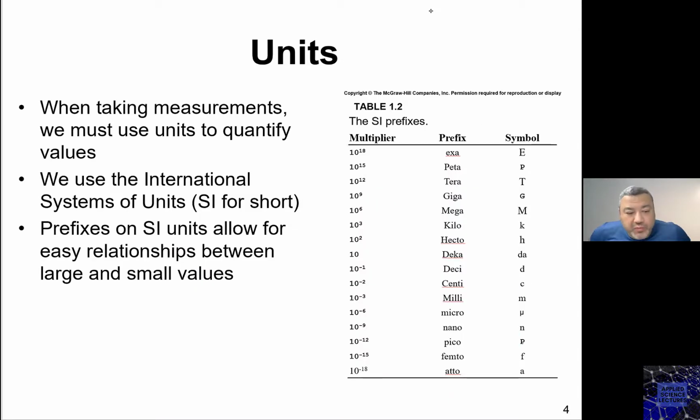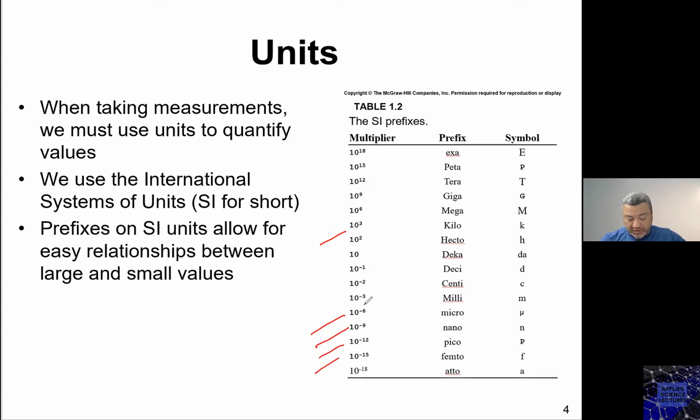The units that we will be using are from the International System of Units, SI for short. Some of the units that we will be seeing a lot include the kilo, micro when it comes to the charges and the capacitances, nano, pico, femto.